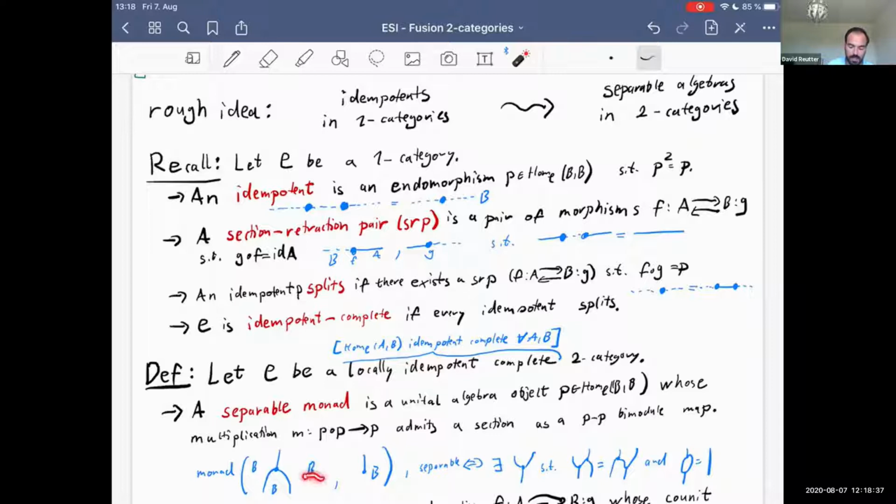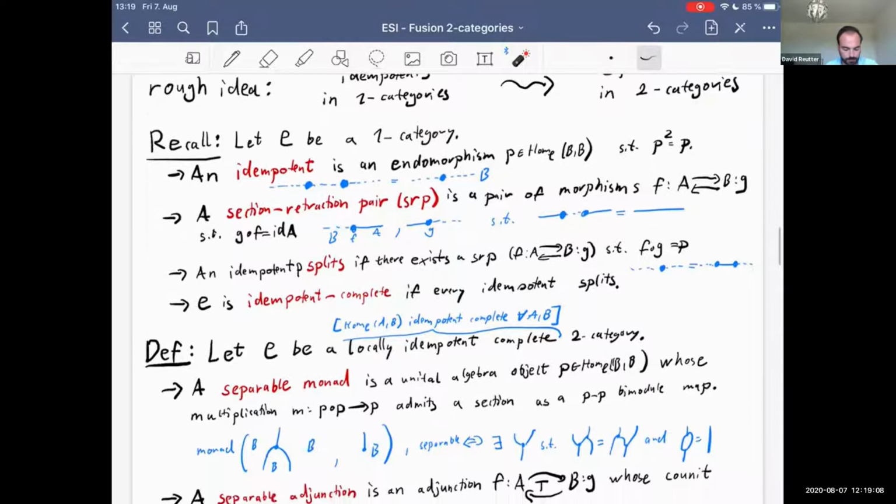We have some object B, and we're saying in the monoidal category Hom(B,B), we're looking at this unital algebra. So I have my multiplication here, and I have a unit here. And asking this to be separable means that there exists something like a co-multiplication here, fulfilling this Frobenius-like relation and this specialness relation. Another name you can give a separable monad is a non-counital special Frobenius algebra, if you're more familiar with that terminology.